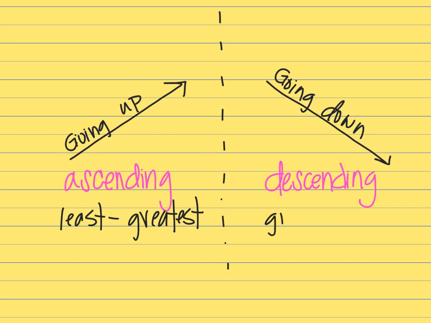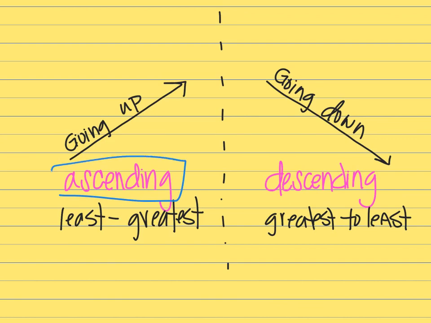That would mean greatest to least. I would add these two vocabulary words on that page where the foldable is. You should have plenty of space somewhere on there. Add that ascending means least to greatest and descending means greatest to least.